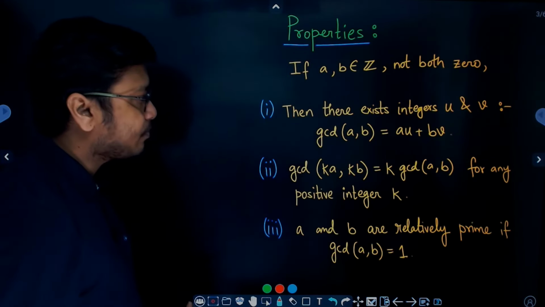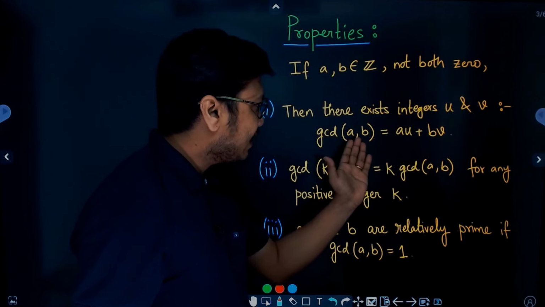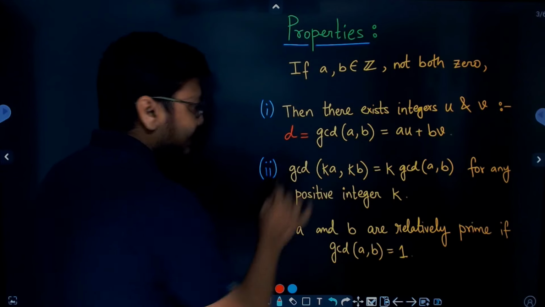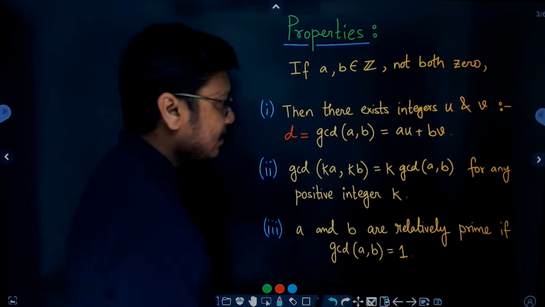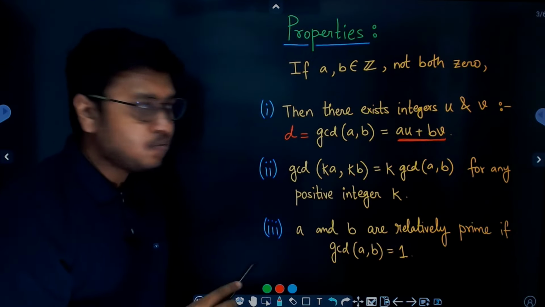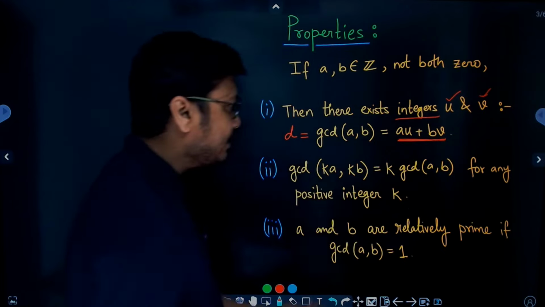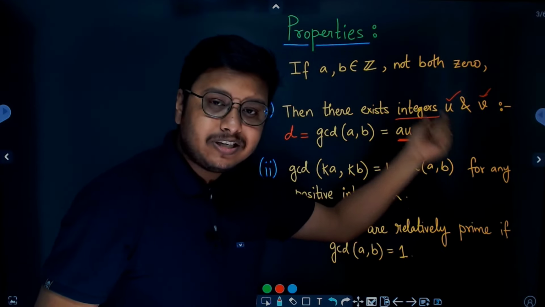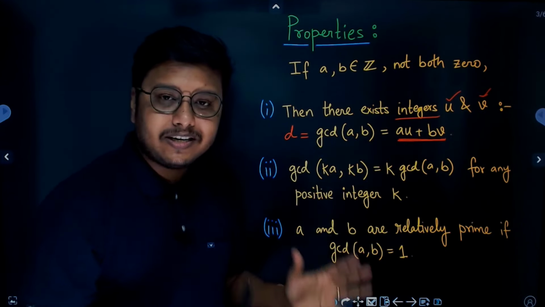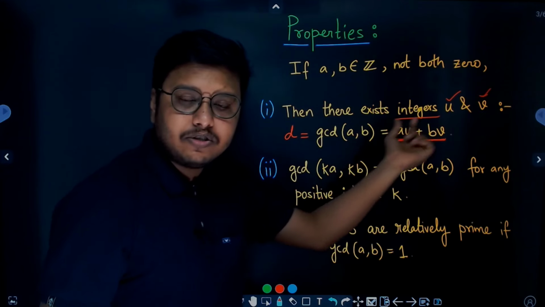The first very basic property is that if the GCD of a and b is d, then this d can be expressed as a linear combination of some integers u and v, using specifically my input integers, a and b. Not just any random linear combination, but the linear combination using the input integers a and b.